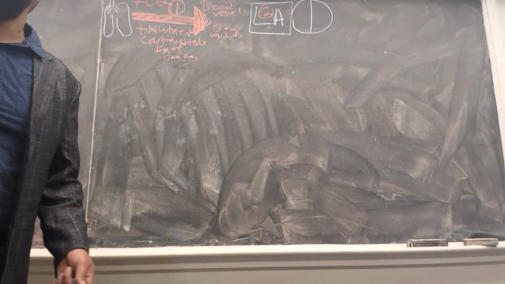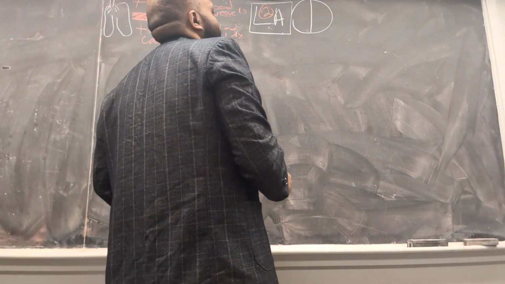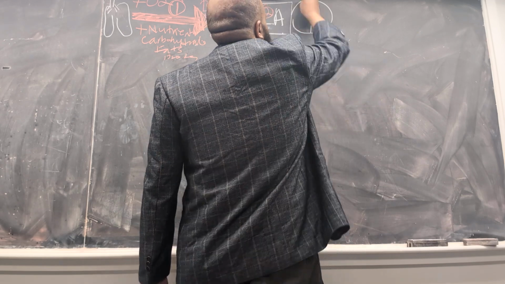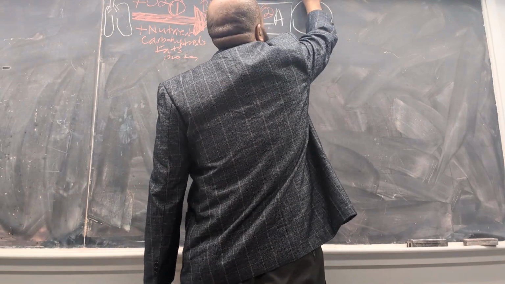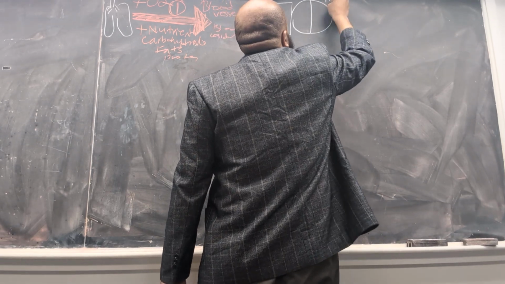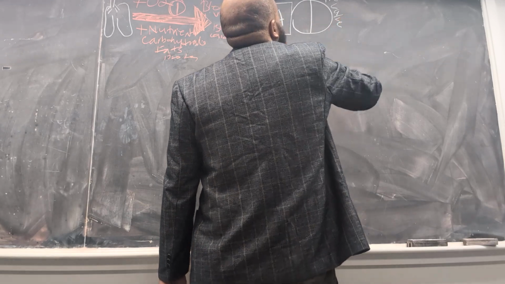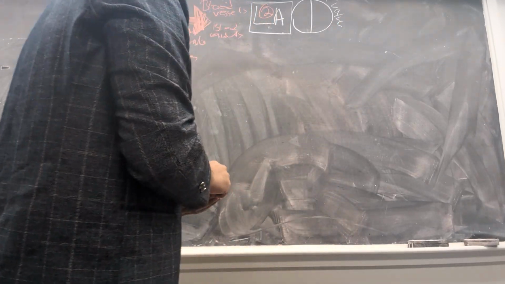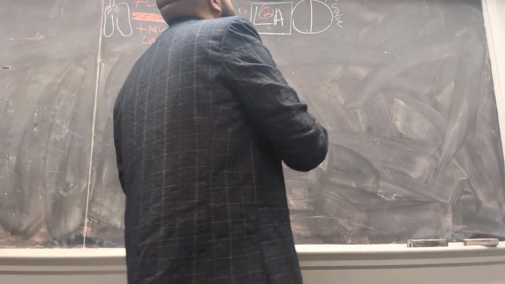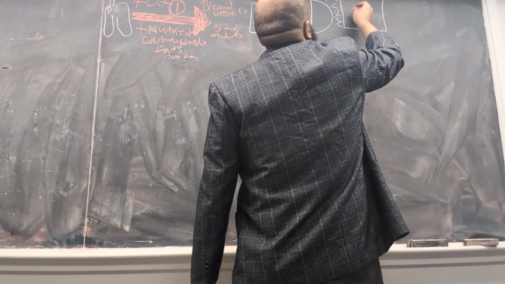It has two cusps, cusp number one, cusp number two, and this is known as your bicuspid valve. It is between the left atria and the left ventricle.